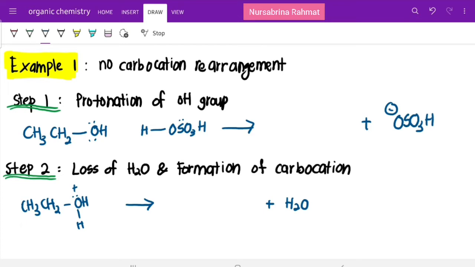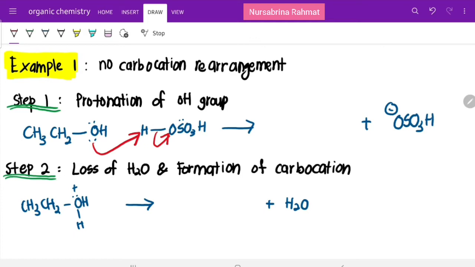I'm having here ethanol with sulfuric acid. The oxygen in my ethanol, in the OH group, has two lone pairs. One of the lone pairs will attack this hydrogen in your sulfuric acid, and we are going to make a protonated alcohol. Since we are making this protonated alcohol, the bond between the hydrogen and oxygen in your sulfuric acid will break heterolytically.